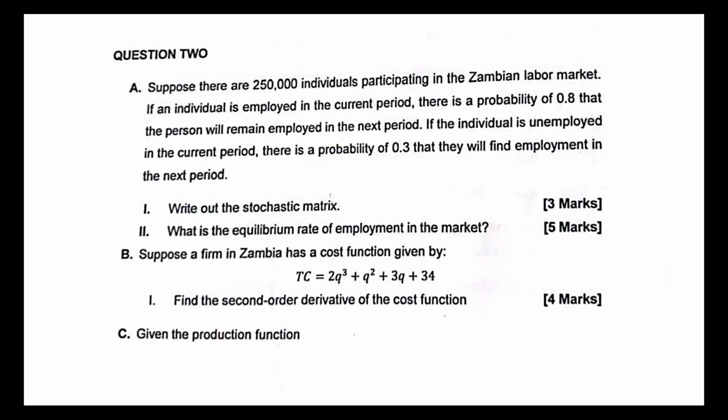So in short, let me get you back on the 2, where we are determining the equilibrium rate of employment. It's the employment rate, the equilibrium rate, not the number.